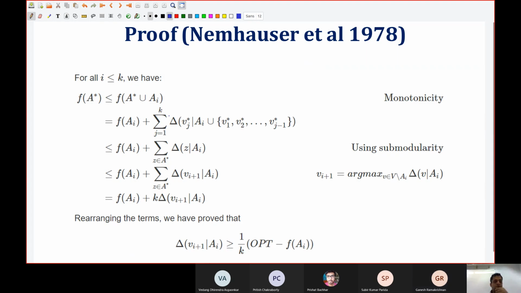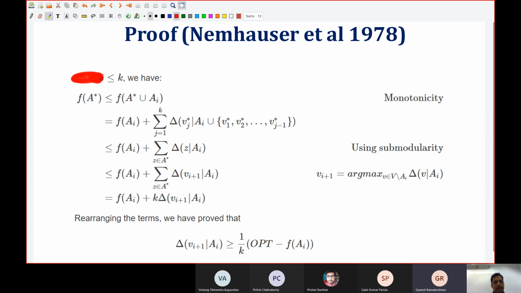Okay. So now I'm going to do slightly differently. I'm going to use telescopic summing, but I'm going to use telescopic summing not on A_i. Just wait for me. I want an inequality. So f of A star is less than or equal to f of A star union A_i for all i less than or equal to k. And we'll write the reason. Why is this true?